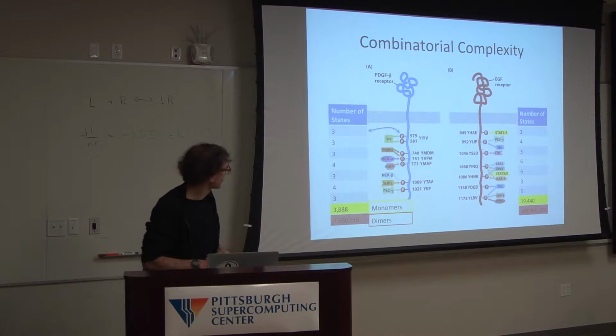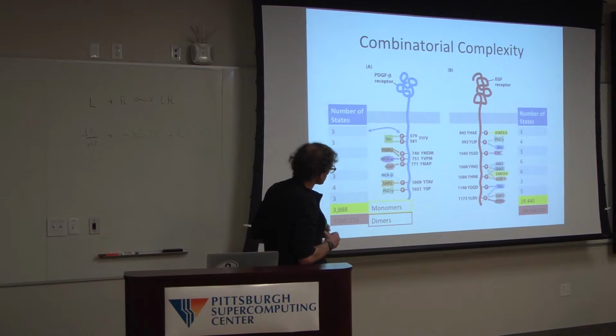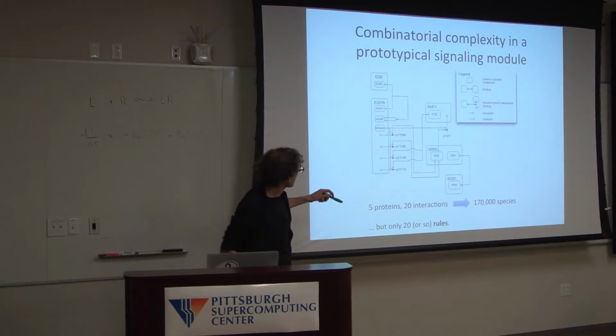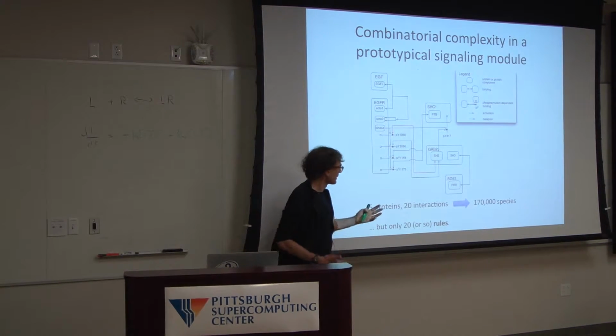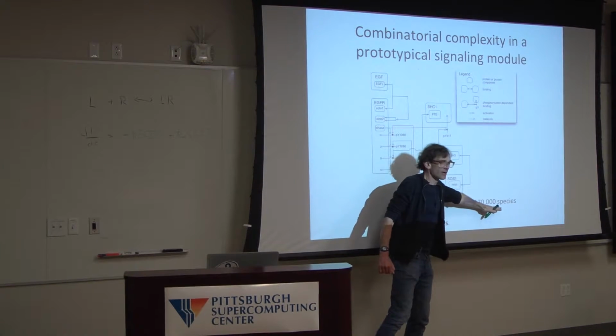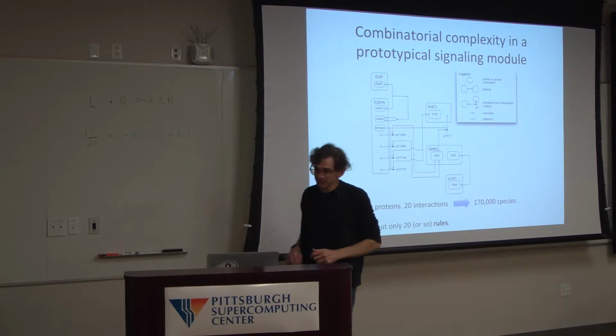That motivates why we want rule-based modeling, some way to describe these systems, to describe a model in terms of the interactions on this diagram, and let a computer figure out what all these possibilities are.